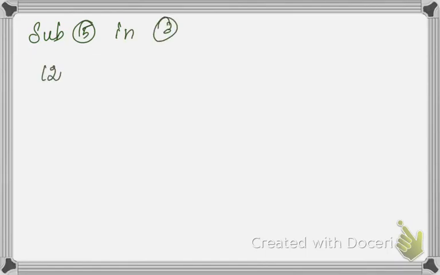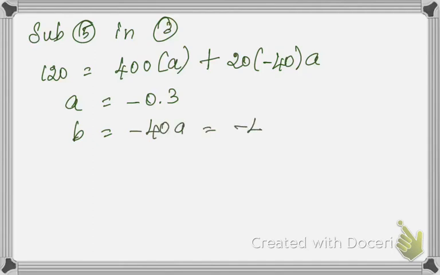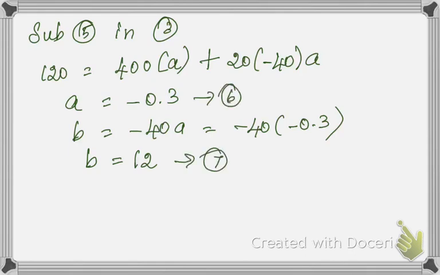So I'll be getting 120 is equal to 400a plus, instead of b I am having minus 40a. So from here I'll be getting a is equal to minus 0.3 and b is equal to minus 40a, which is equal to minus 40 into minus 0.3. So b will be equal to 12. This I'll keep as 6, this I'll keep as 7.